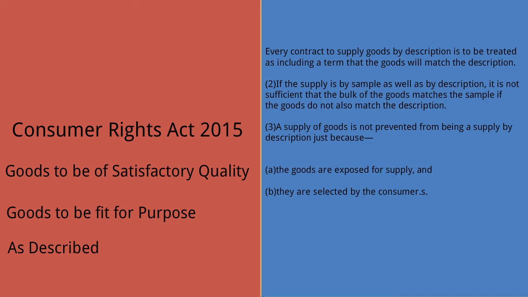And we know that if a term is deemed to be a condition, then you can cancel the contract and you can also sue for damages. But if you breach a warranty within a contract, then your only remedy is to seek damages.